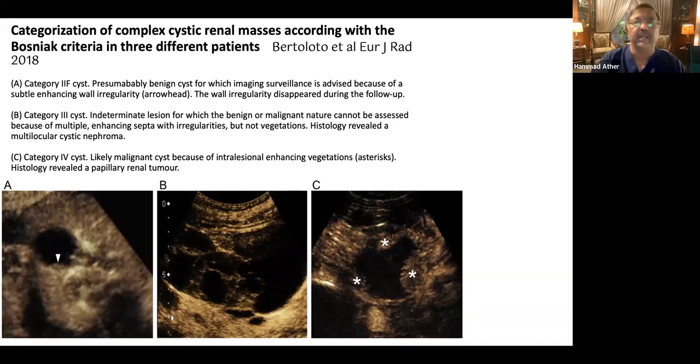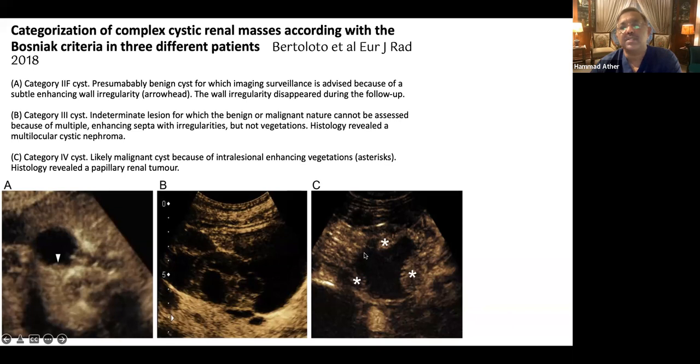The category 3 lesion is sort of an indeterminate lesion, which cannot be 100% benign or malignant, but it has multiple septa which are enhancing. There is irregularity, and in this situation, the histopathology revealed a multicystic nephroma in this patient.